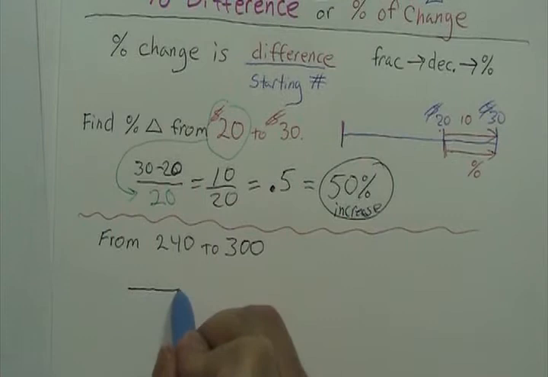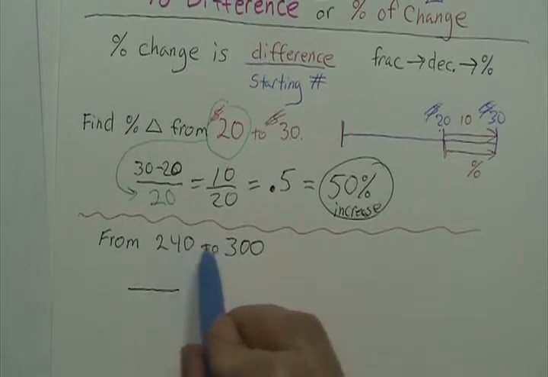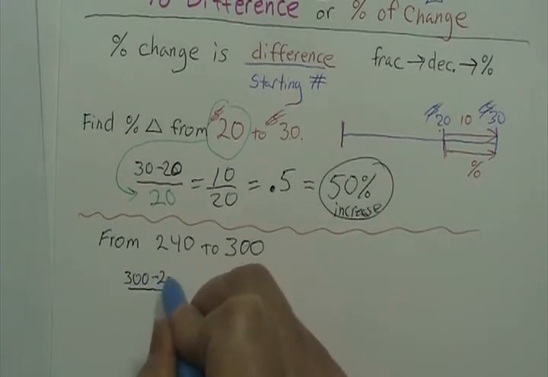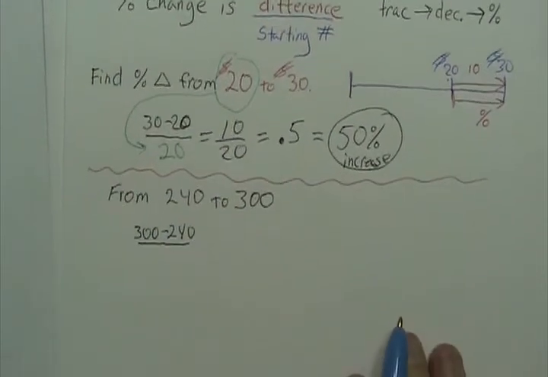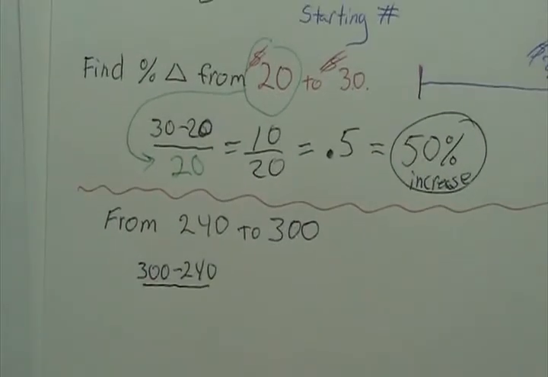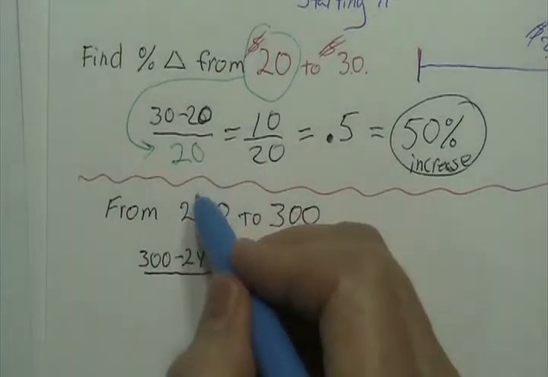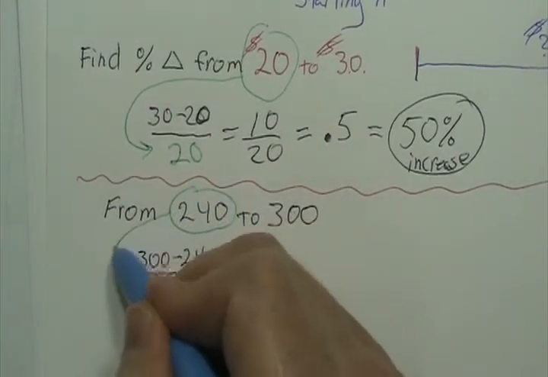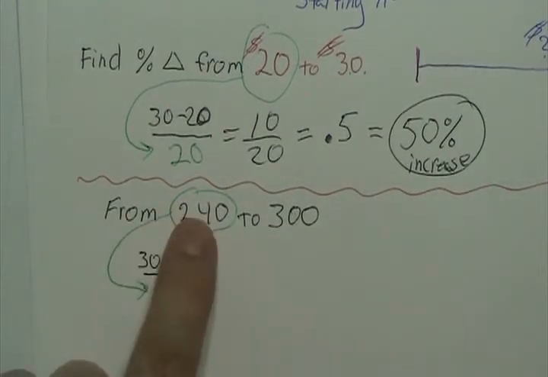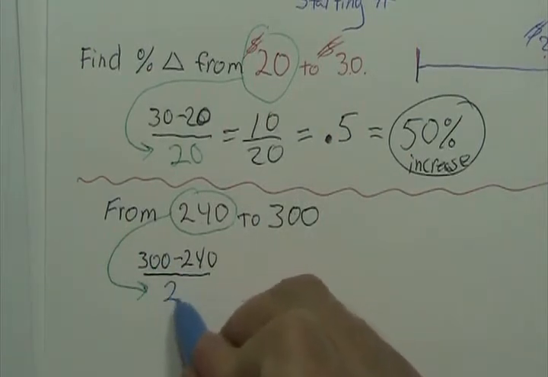On the top goes the difference. So 300 minus 240. Right? The difference goes on top. And then on the bottom, it's the starting number, the original number. And that original number is 240. That's the number we started with. I know it is because it says from 240.